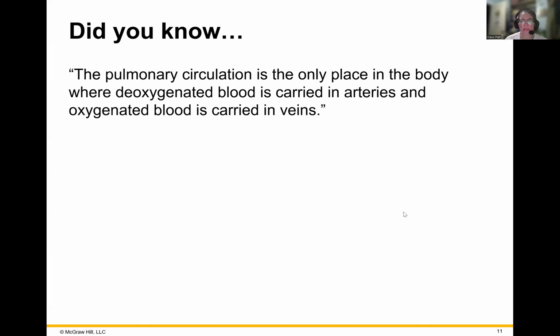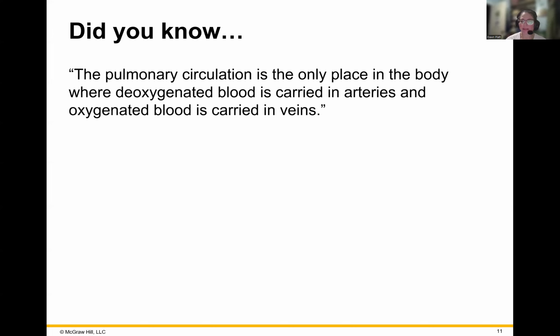If you take a look at this little statement, it just talks about the difference between arteries and veins in our heart. Arteries typically go away from the heart, bringing oxygenated blood out into the body, and then the veins return deoxygenated blood back to the heart.